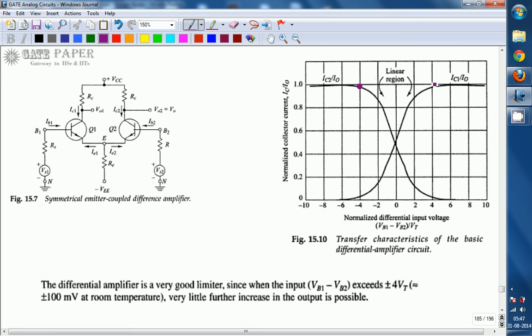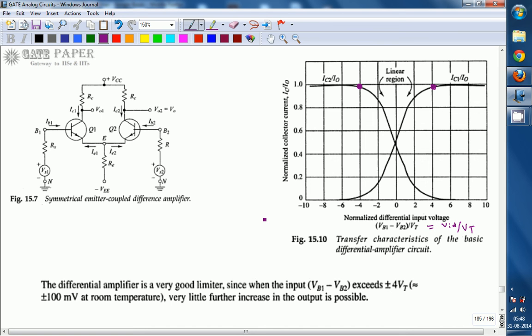From these characteristics, look at these points, up to minus 4 and plus 4. This characteristic is between normalized collector current and normalized differential input voltage, so simply think of it as IC versus VID. VB1 minus VB2 is VID divided by VT.